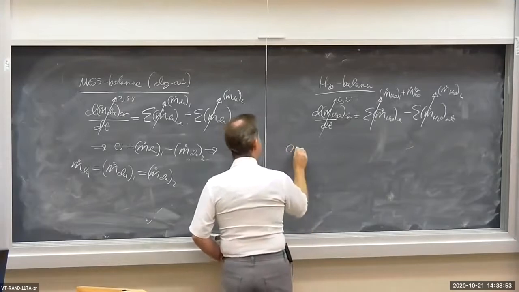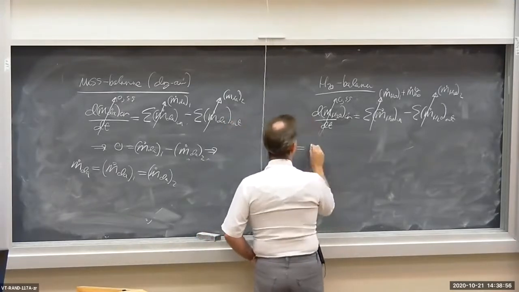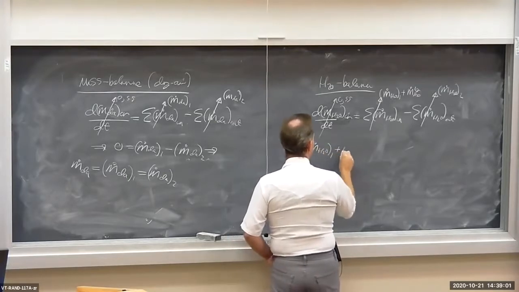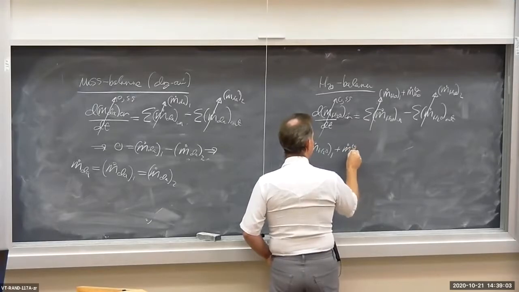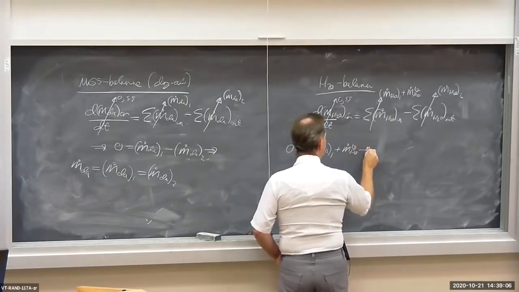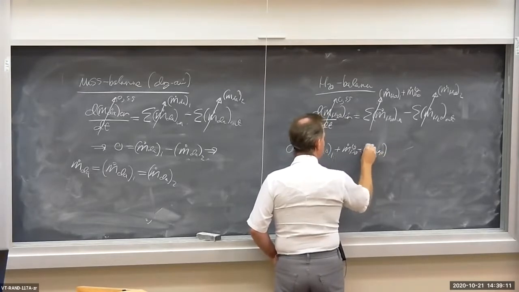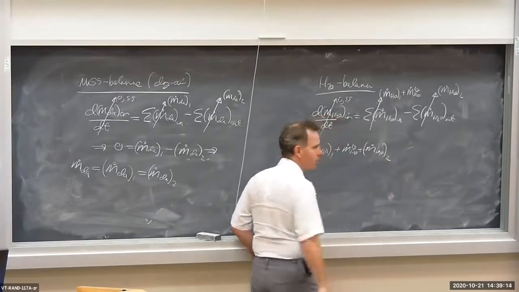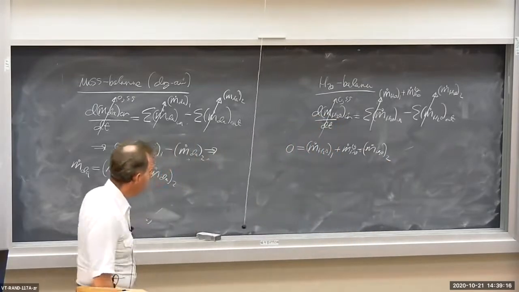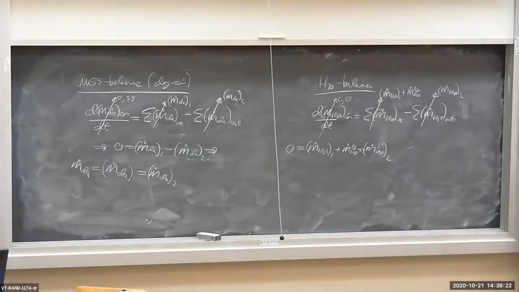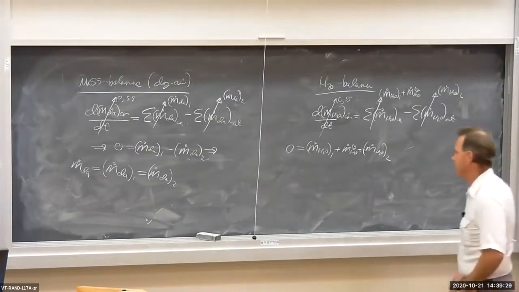So I get 0 is equal to m dot H2O at the inlet plus m dot liquid H2O minus m dot H2O at the outlet, which is location 2, okay? Now I'm going to divide the entire equation by m dot dry air.